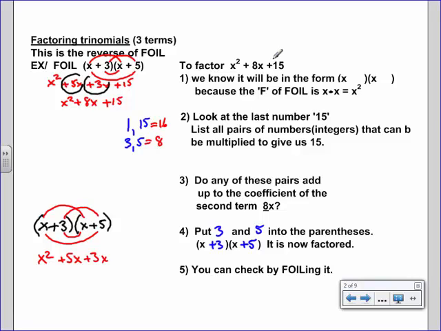And 3 times 5 is 15. Combine your common terms of 5x and 3x, and you get x squared plus 8x plus 15. So this was simply a check step to make sure you did it correctly. And yes, when you FOIL this, you get what you started with. So this was our final factored form. It just shows that that was correct.